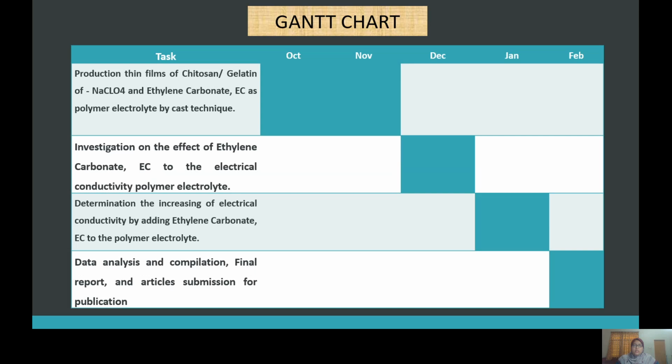January 2021, determination of the increase of electrical conductivity by adding ethylene carbonate to the polymer electrolyte. In February 2021, data analysis and comparison, final report and article submission for publication.